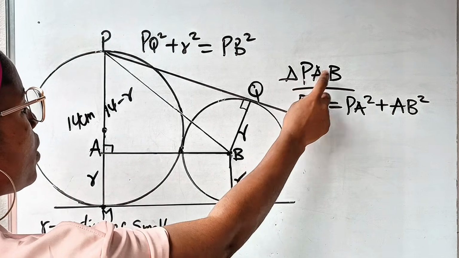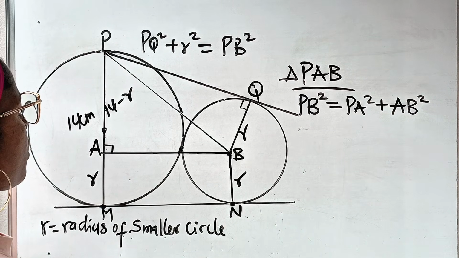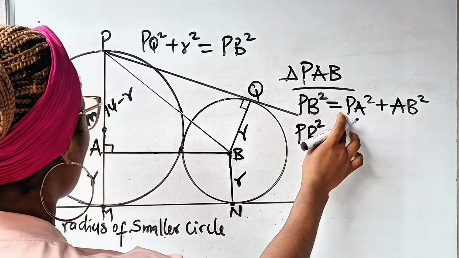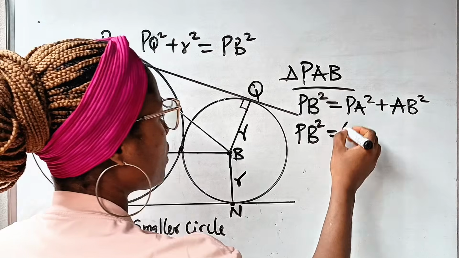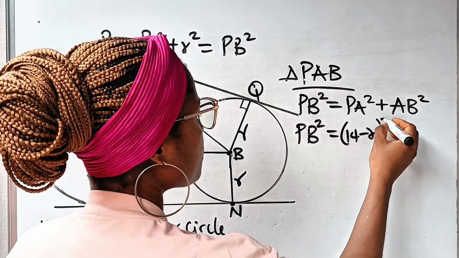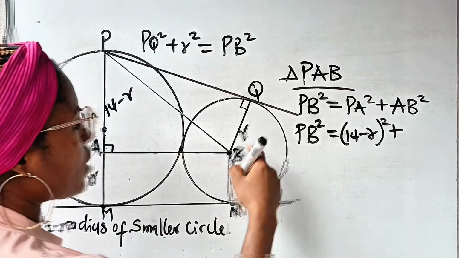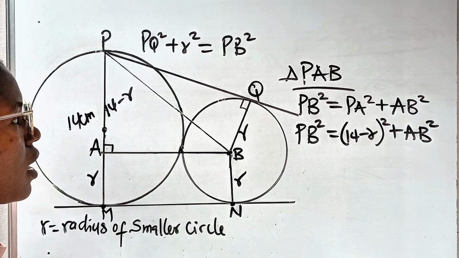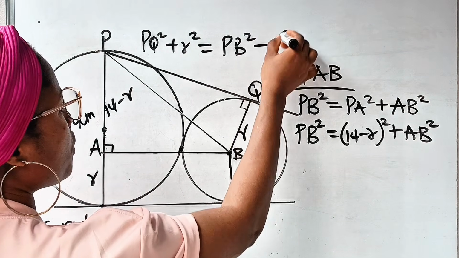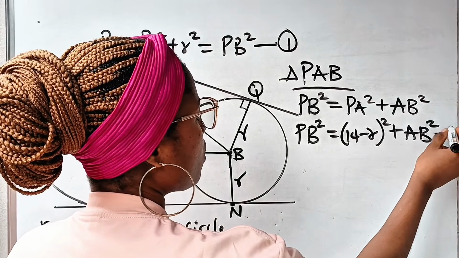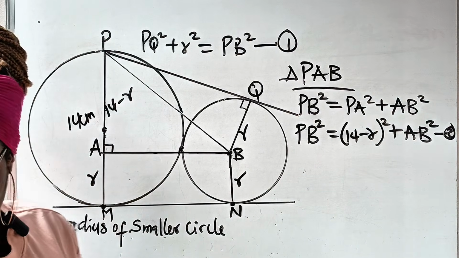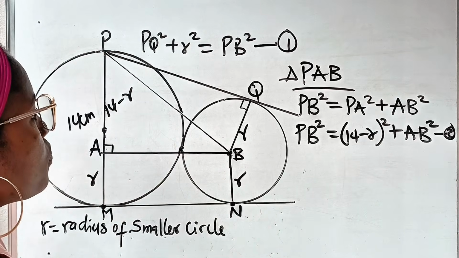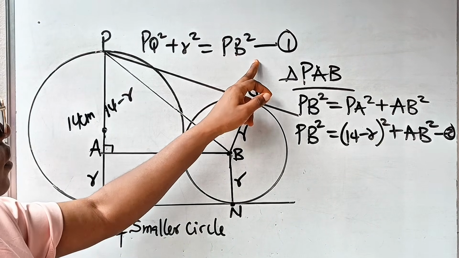Therefore, in triangle PAB, we are going to have PB squared equal to PA squared, (14 minus r) squared, plus AB squared. Of course, we don't know what AB squared is. Now, remember this equation. Let's call that one and call this 2. Both of them can be equated because both are equal to PB squared.